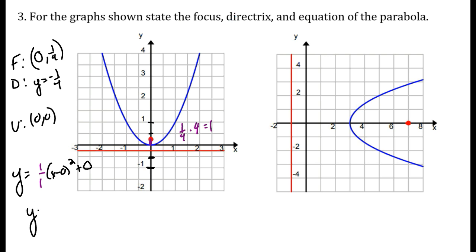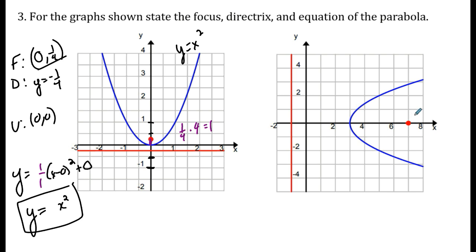Cleaning this up here, we get y equals, well, x minus 0 is x squared, times 1 is x squared plus 0. This is the plain old parabola, y equals x squared. Y equals x squared, the parabola you've been graphing since 9th grade, that parent function there has a focus of 0, 1/4, and a directrix of y equals -1/4.